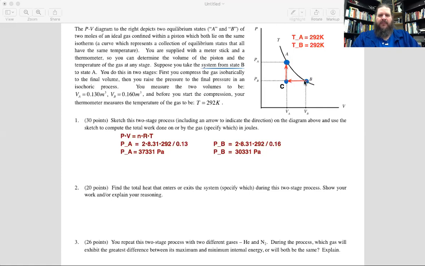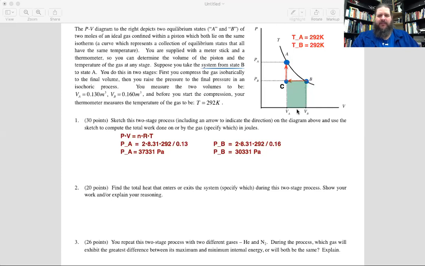Yeah, because we're talking about the process from B to C. Area under that is just a rectangle. And also from C to A, that's isochoric. So how much work is done from C to A? Right, none at all, because there's no area under a vertical line. So we really just need the area under the B to C horizontal.